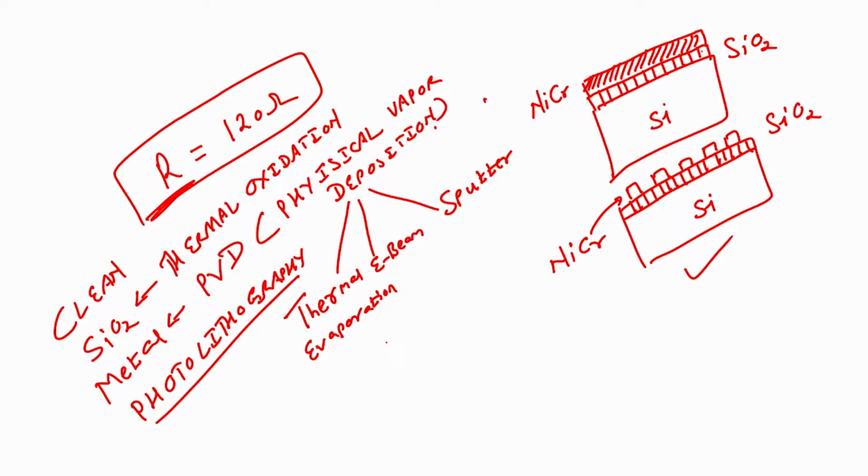Photolithography is considered the heart of any microfabrication technique. Once you understand photolithography and use it on this particular wafer which has a metal and silicon dioxide, you can fabricate a micro heater. So, these are the processes involved in fabrication of a micro heater. We will see the process in detail when we talk about that particular slide.